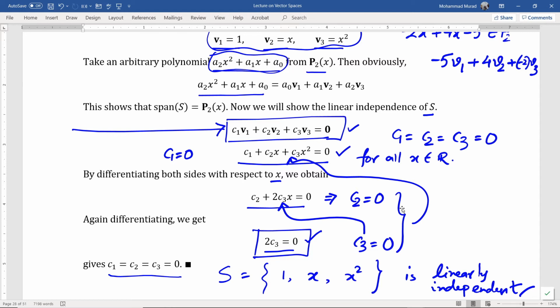Hence, S is a basis for the vector space P sub 2.